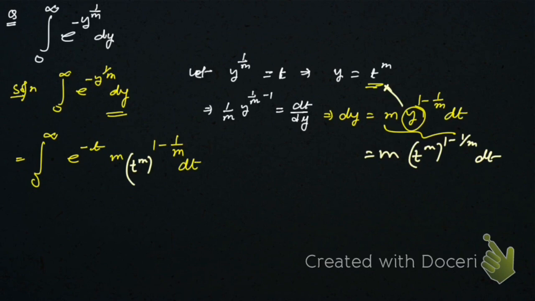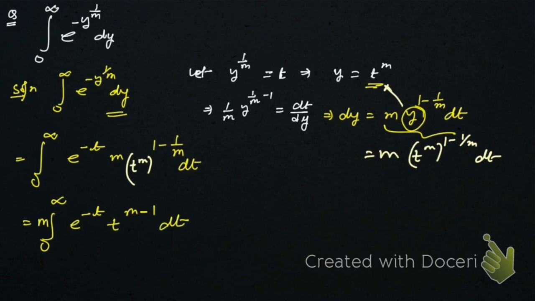So now if you simplify this, after simplification you have the integral from 0 to infinity of e to the power minus t, and this m is taken as a constant, so m is taken outside, then t to the power, if you multiply this m with this power, what you will get is m minus 1, dt.